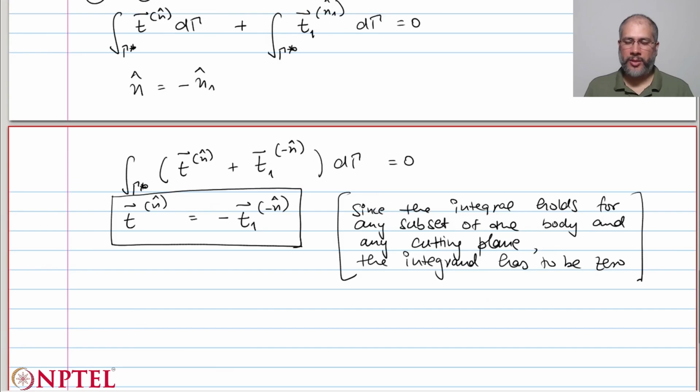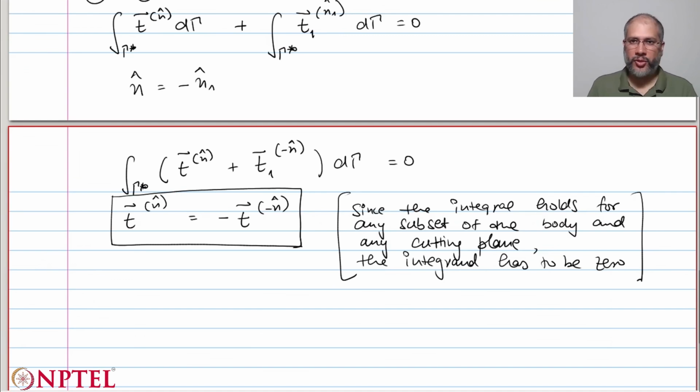And in this condition we have T and T1, but we sometimes write the traction vector in part 2 also using the vector t. What differentiates the two is the unit normal n hat in one case and minus n hat in the other case. So it's clear that if you're writing t for minus n hat, that's a traction vector acting on part 2 of the body.